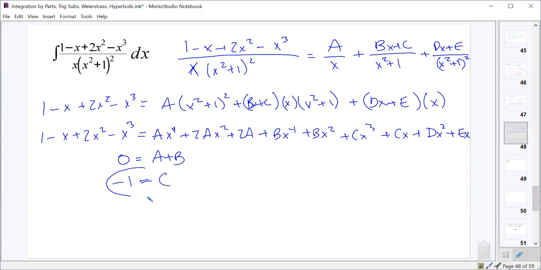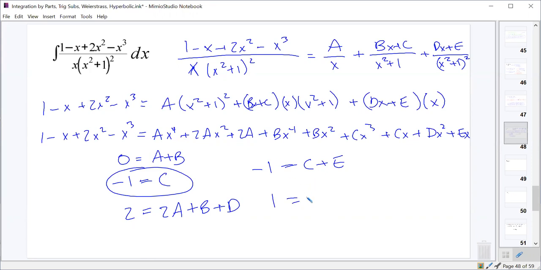We already got C. -1 is C. We have 2x squareds, and we have 2A plus B plus D. So that's going to be the most annoying one probably. And then we've got -1x, which should be C plus E. And then we've got a constant of 1, which should be 2A, just 2A. No, there's got to be another one in there. Is there another constant in there? No.